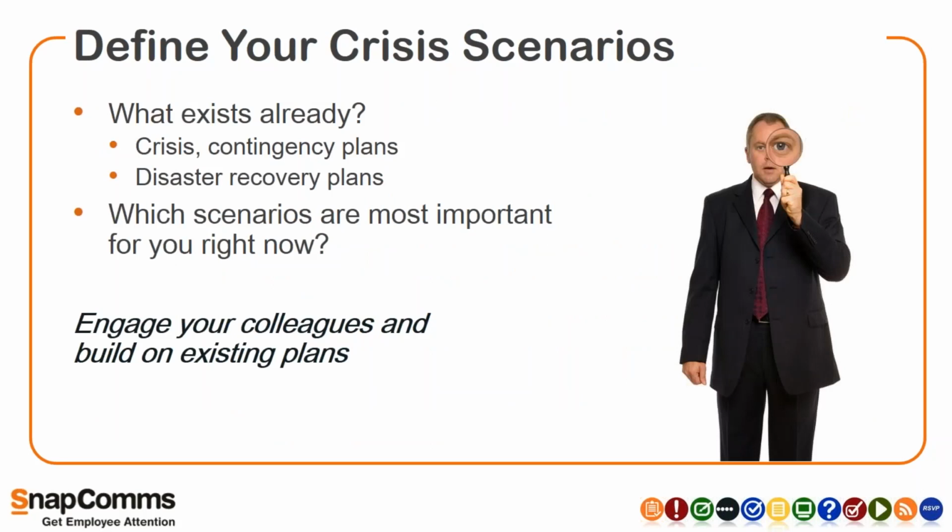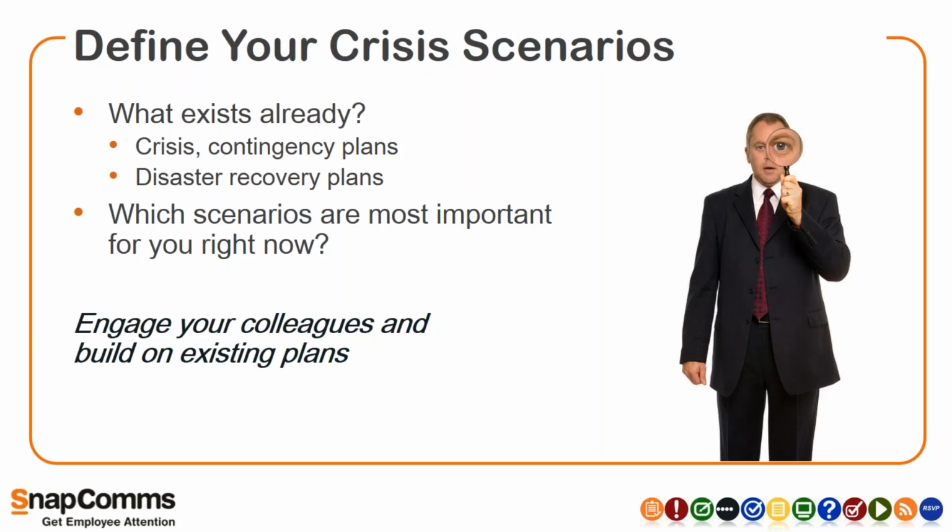And now let's dig down a little. We have an audience here. Some people I know are in IT, some are in corporate communications, large and small organizations. So we'll leave it up to you to define what kind of crisis scenario you're most concerned about. And also, you definitely want to look at what exists already.